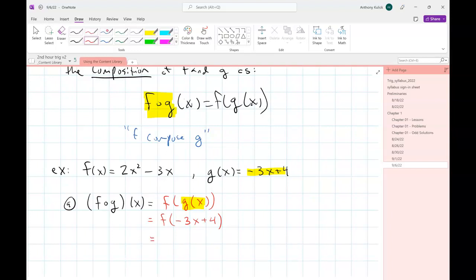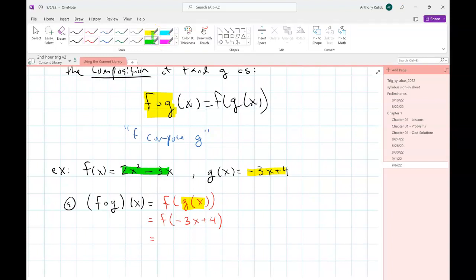It's telling us to plug that in for x into the function for f. If I had f of 3, I'd plug 3 in for all the x's. Everybody agree with that?